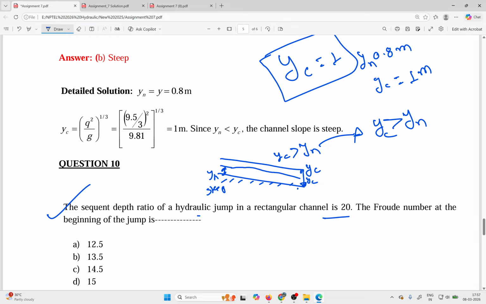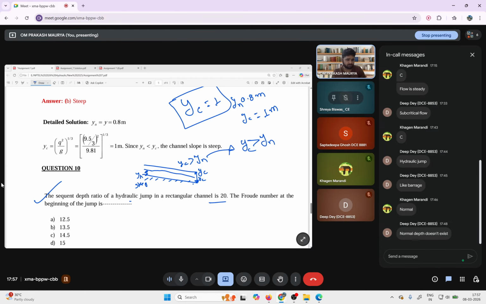Please use the same formula, use your brain and a little bit of the calculator, and you will definitely be able to give the answer. Question number 10.